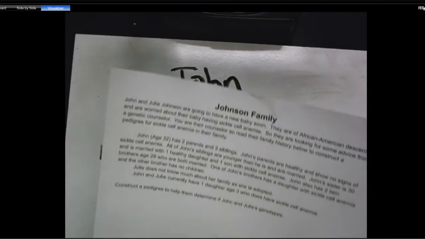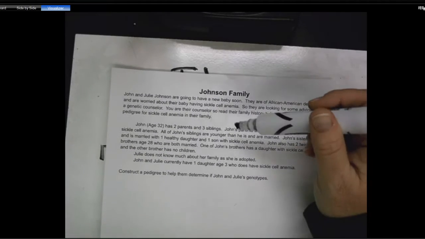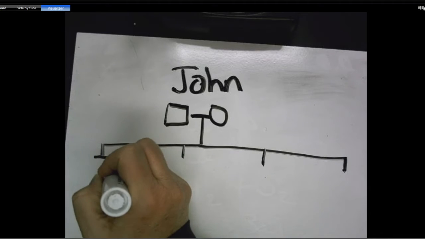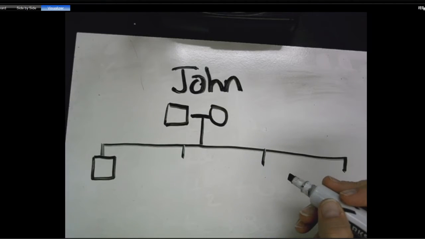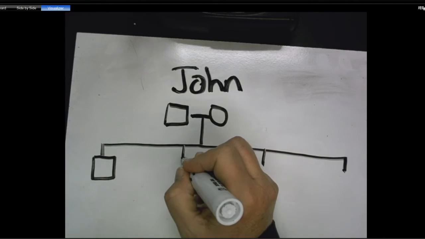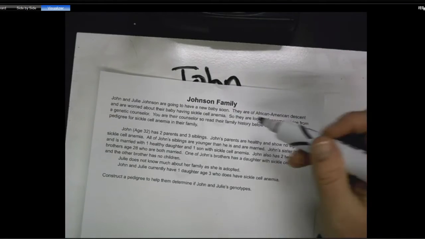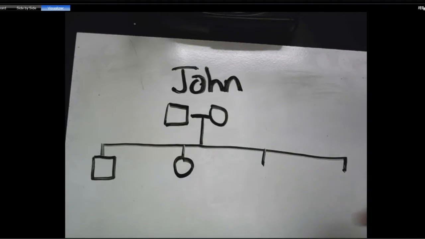That's very important. Okay. And then it says John's sister is 30 and is married. Now, that told us that John was the oldest because everybody else was younger. So there's John, and he's going to have a sister who is 30 and married.